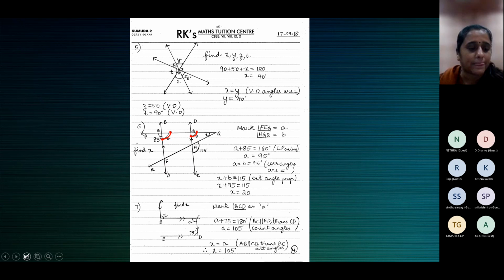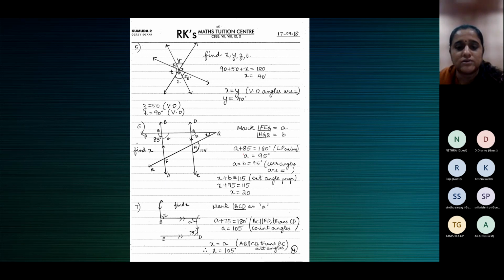Corresponding angles. I'll show you again. This is the parallel line till the transversal, A. This is the parallel line till the transversal, B. B is exterior, A is interior, and they are on the same side of the transversal. They are corresponding angles. So A and B are corresponding angles and they are equal.